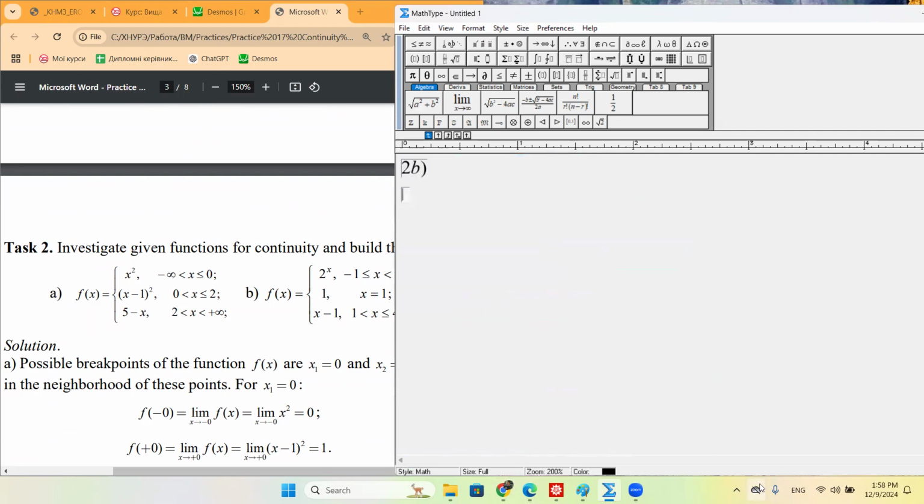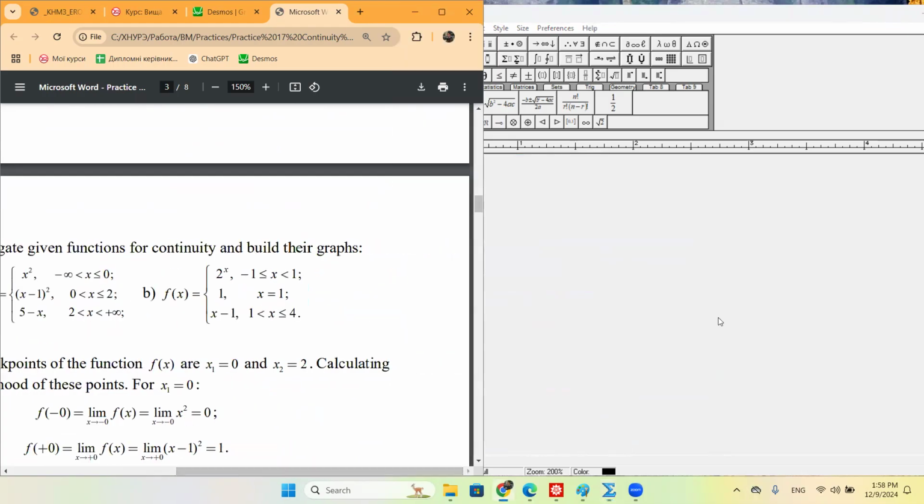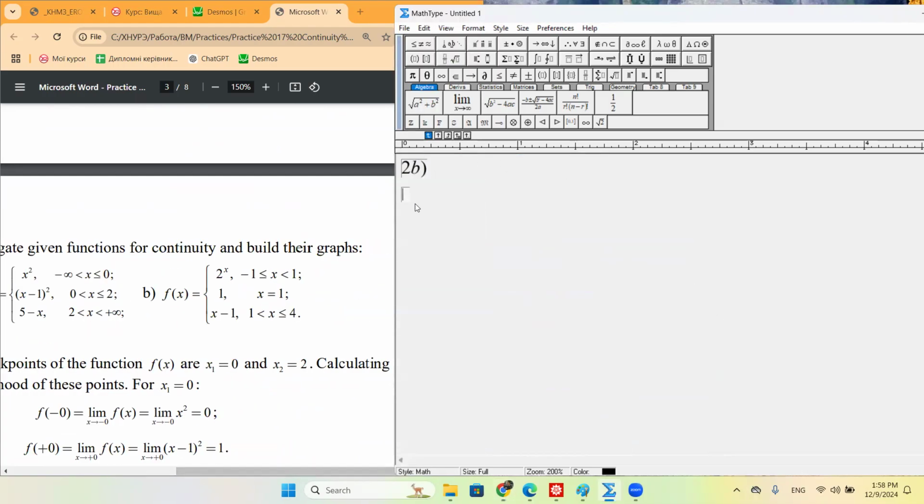So, possible breakpoints. Which possible breakpoints do we have here? So 1. Yes, basically 1 is a breakpoint. We don't take minus 1 and 4 into consideration.